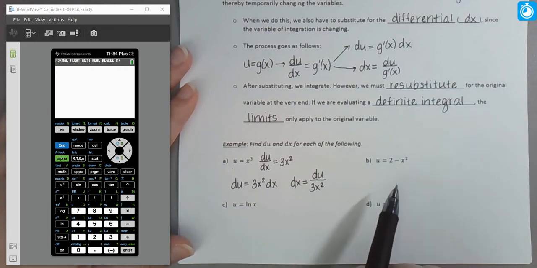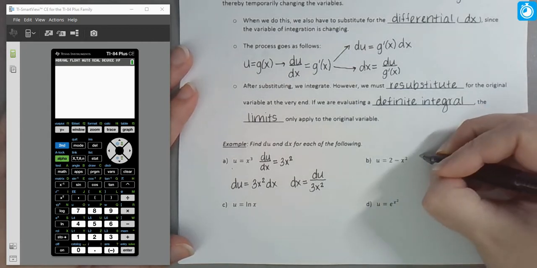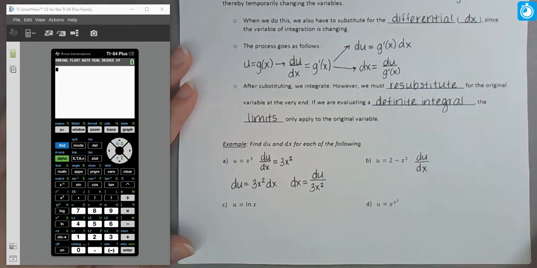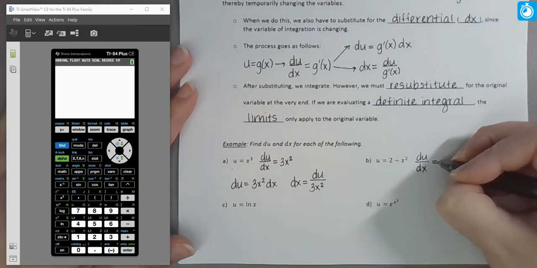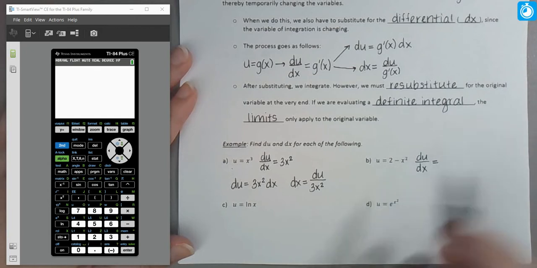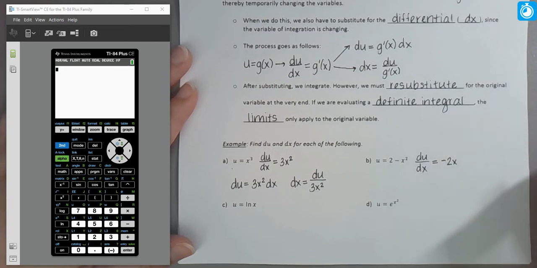So what if u is equal to 2 minus x squared, and we want du and dx? Well, again, we need to differentiate. So I'm going to take the derivative of u with respect to x. I'm also going to differentiate the other side with respect to x, and that's going to give me negative 2x.